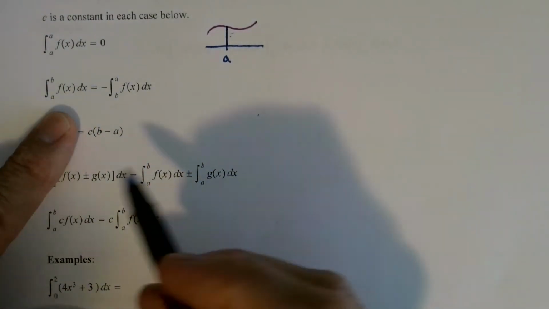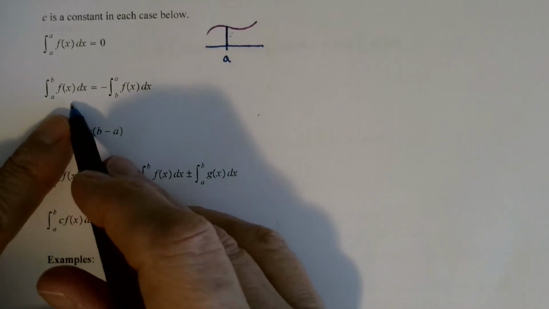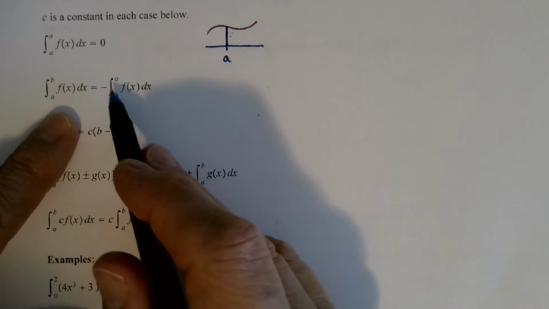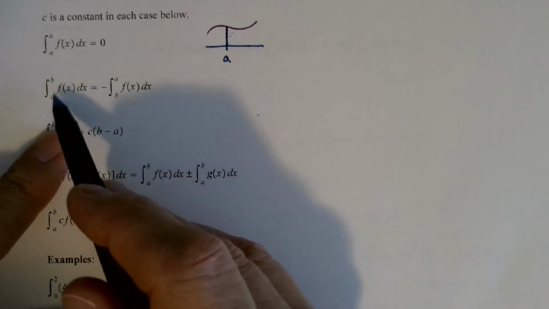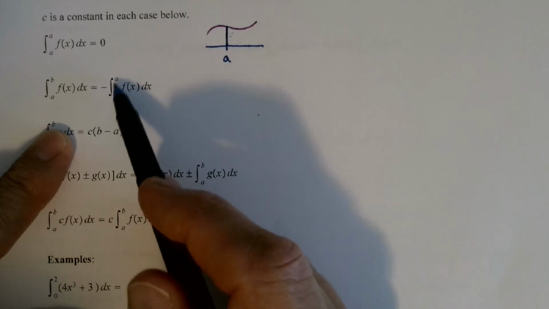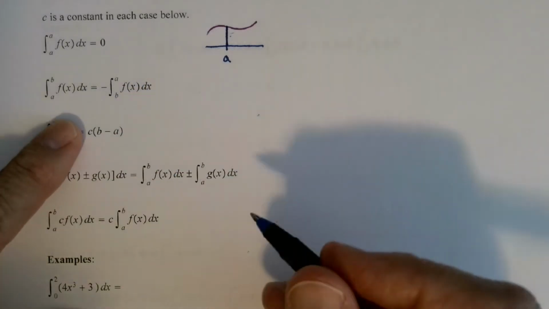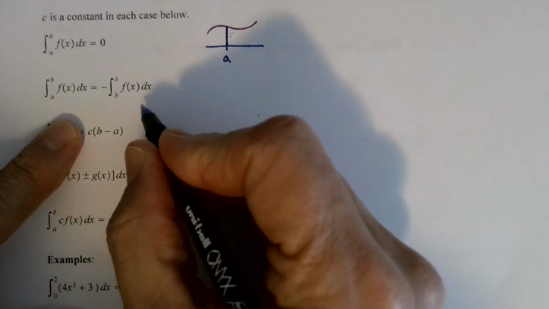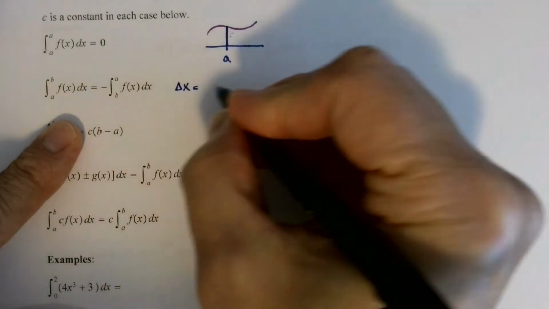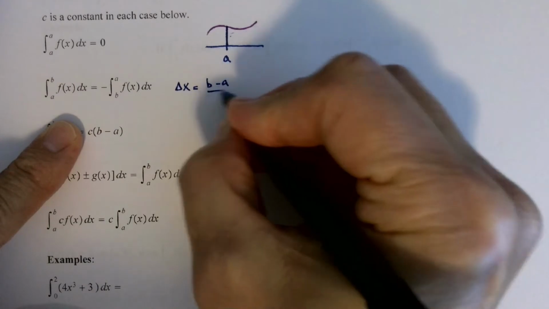Here's another one. The integral from a to b of a function f is equal to -1 times the integral from b to a. So basically what this says is swapping the limits of integration changes the sign. And that should make sense because delta x in that definition is b minus a over n.